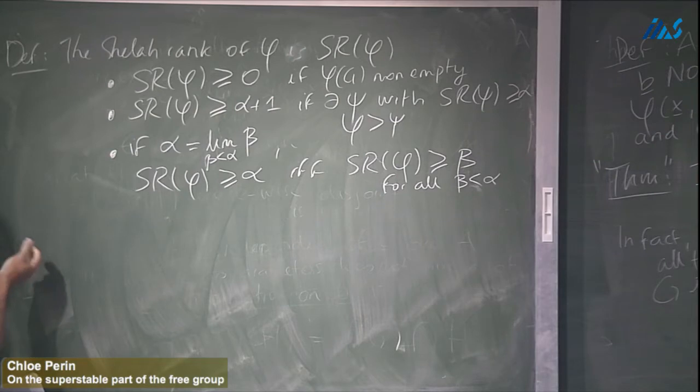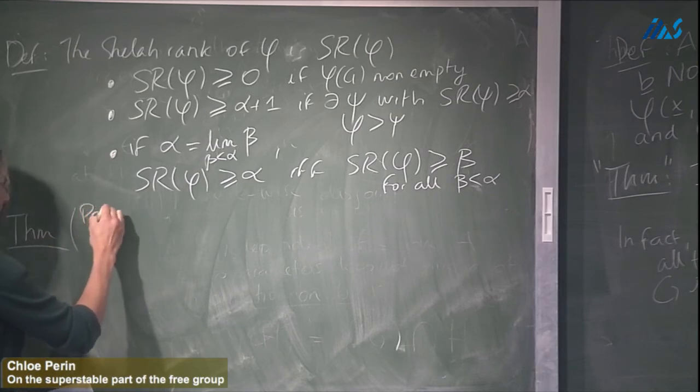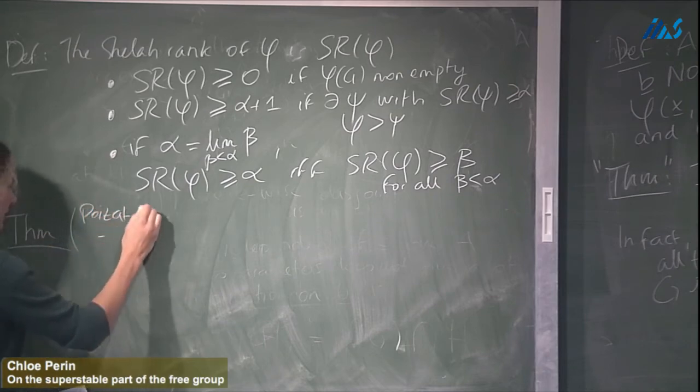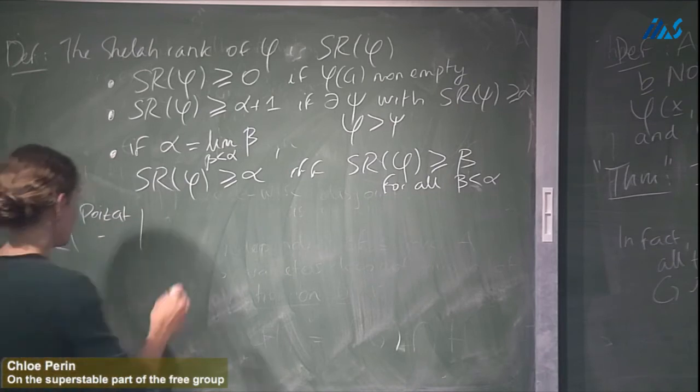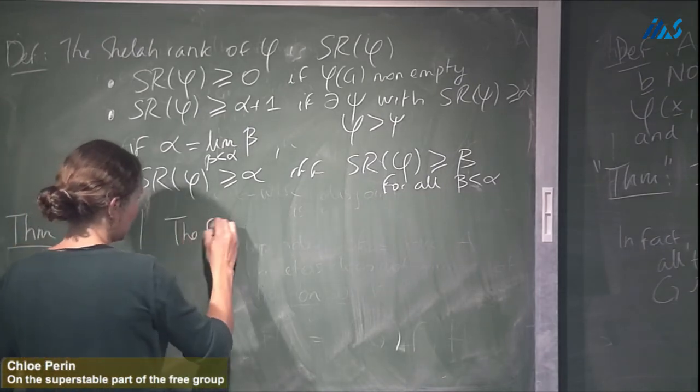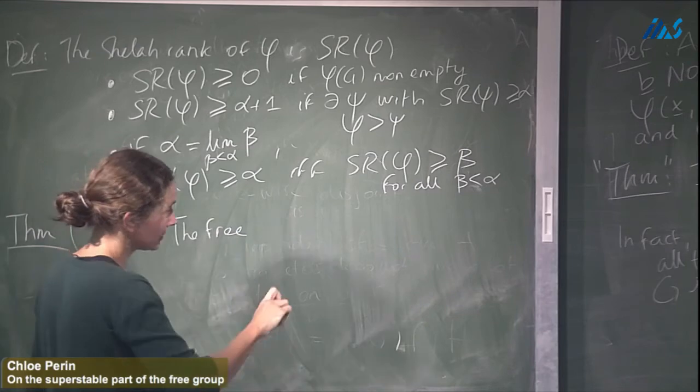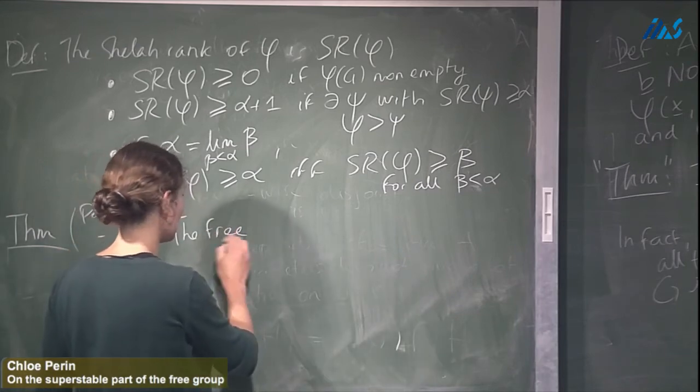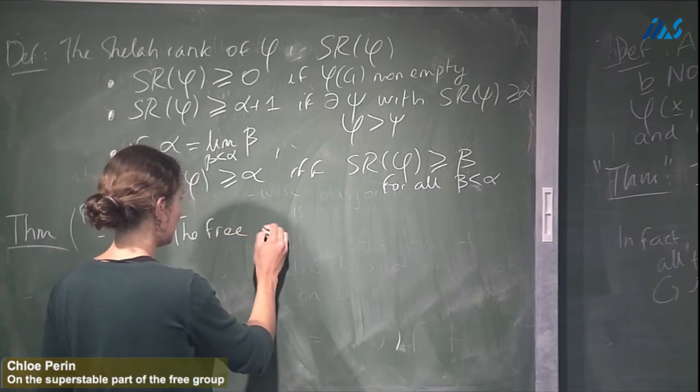In the case that interests us, the case of the free group, this was known already, by an argument of Poizat, that the free group is not superstable. He proved it for F omega, and because of Sela's result, it's true also for finitely generated free groups.